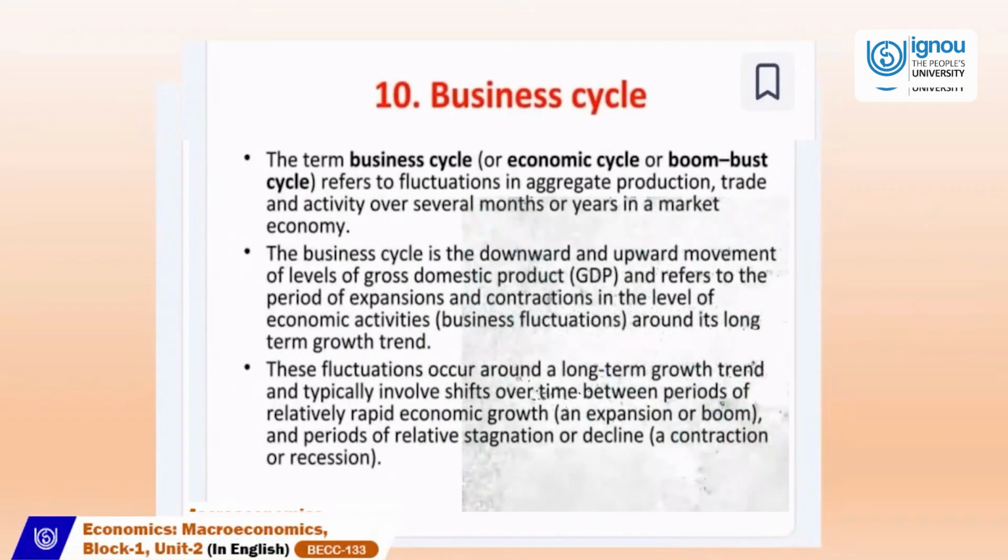So expansion and contraction automatically depend upon the level of economic activities, in other words called business fluctuation, which also refers to a long-term growth trend. When a particular cycle is shown over years, it refers to expansion and contraction, meaning it would increase or decrease according to a long period of time.